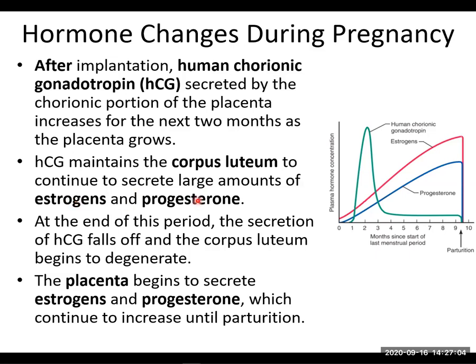So that sounds very bad, right? Don't worry, because from this point on, we have another organ to produce the estrogen and progesterone, which is the placenta.